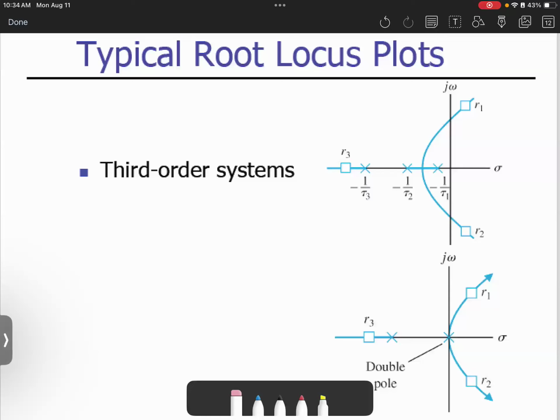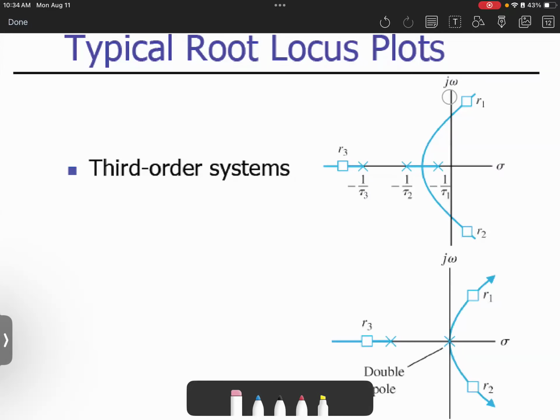How can we conclude that rule? Start counting the poles and zeros from right to left.